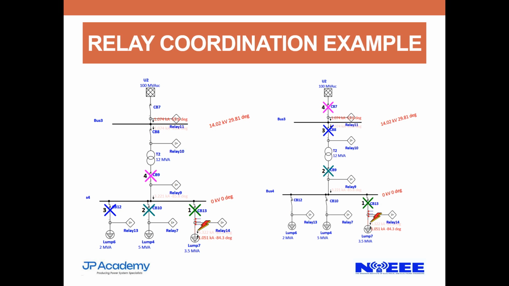But in this case, the whole entire bus bar is affected once there is a fault on the relay on the lump load 7. But in the other case, the entire bus bar is not yet affected. Only some of the feeders, feeder 2 and 3, are affected. Okay.